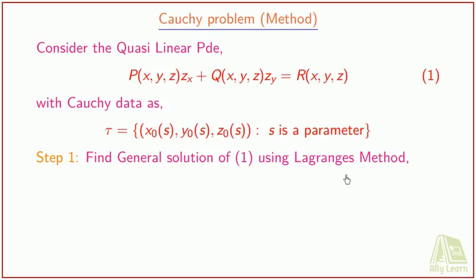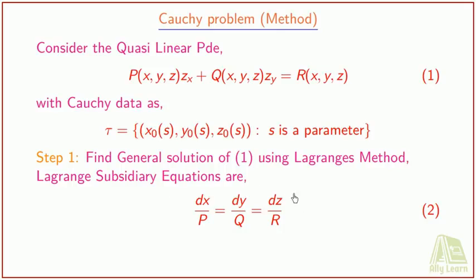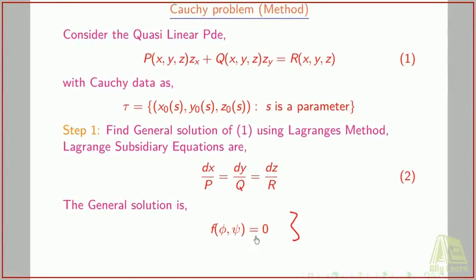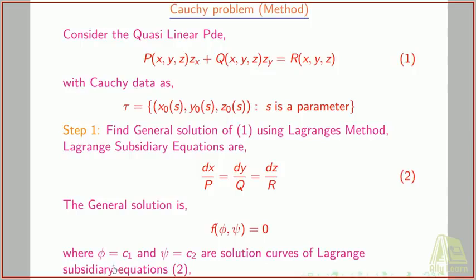And you must be remembering that in order to find the general solution using Lagrange's method, first of all, we have to consider the Lagrange subsidiary equations, which are these, and then we find the general solution, which is an expression of this type: F of phi and psi equals 0, where phi equals c1 and psi equals c2 are the solution curves of these Lagrange's subsidiary equations, and this F is an arbitrary function.